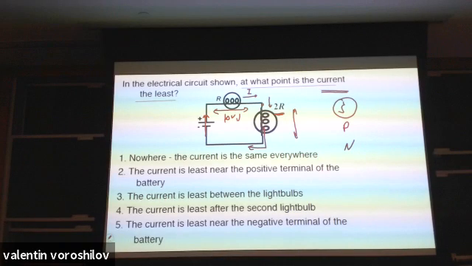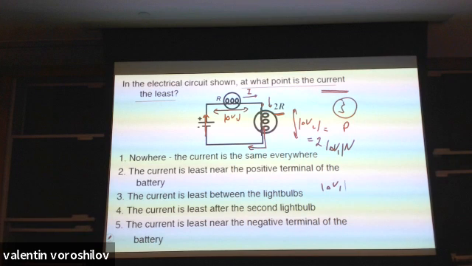This element has twice more resistance, so this voltage will be twice the voltage number 1. And if we add them up together, voltage number 1 and voltage number 2, that should be the total voltage in the circuit, or we call it EMF of the battery.